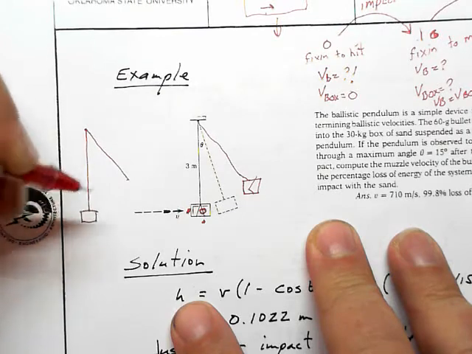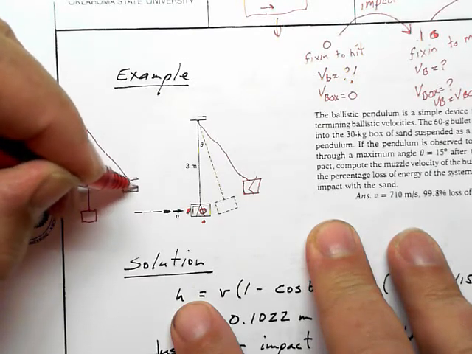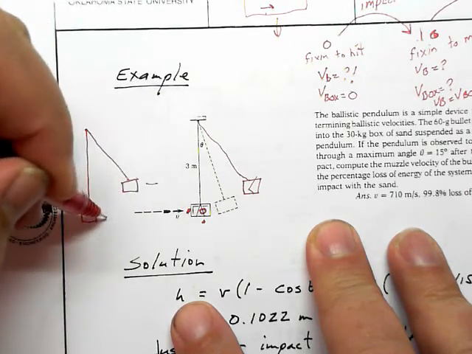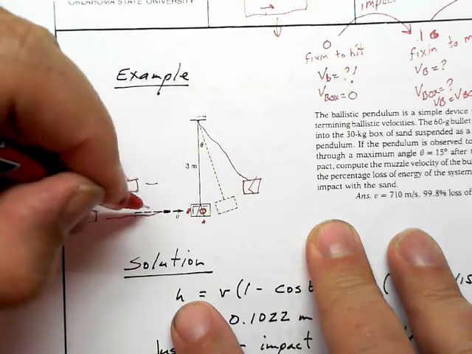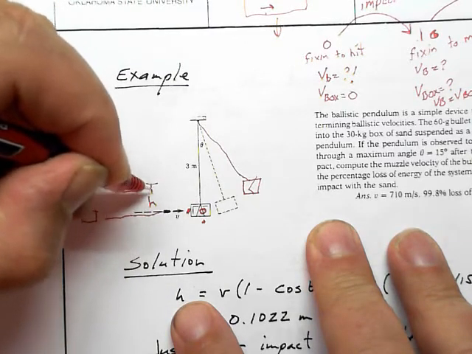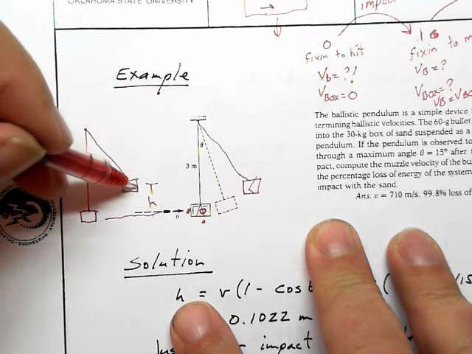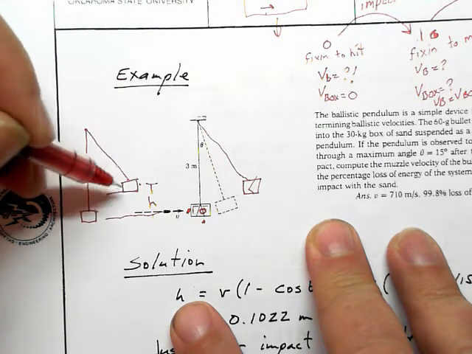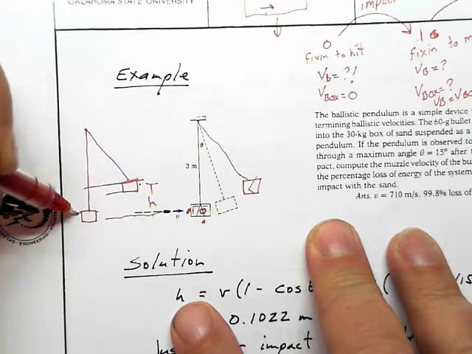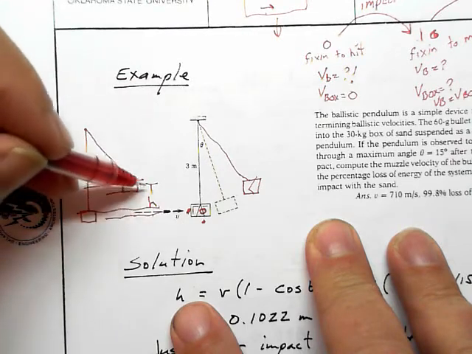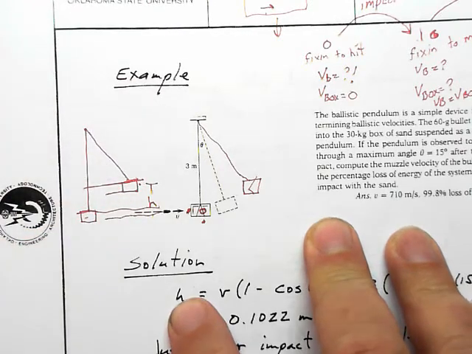Box starts here, box ends up here. We have a quantity called h, which is the height change. Let's measure it from the top of the box. We have a height change h when it swings up.